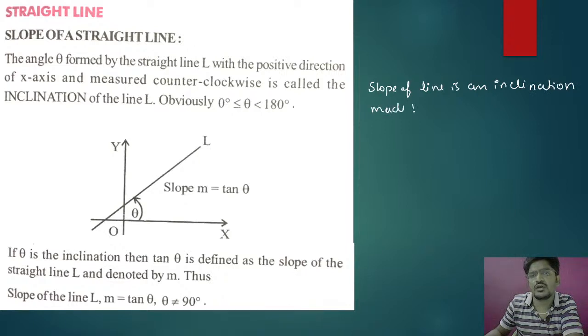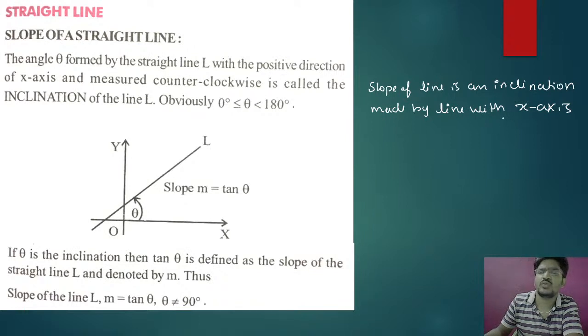The slope of line is an inclination made by line with x-axis is called slope.